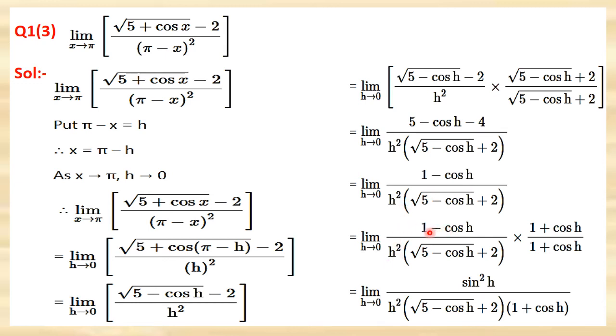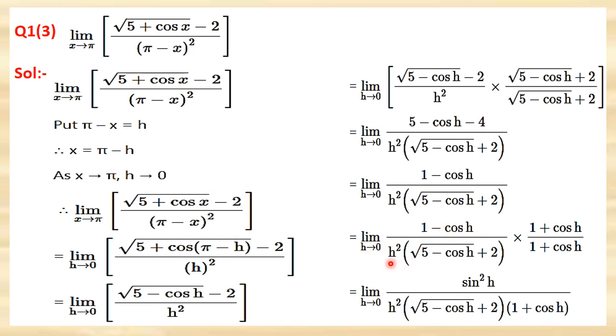Here when you take h is equal to 0, by the direct substitution method we have to check whether the numerator or denominator is becoming 0. Here the denominator, when you put h is equal to 0, becomes 0, and in 1 minus cos h, cos 0 is 1, so 1 minus 1 is 0.